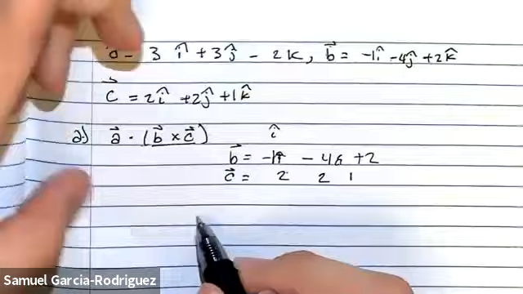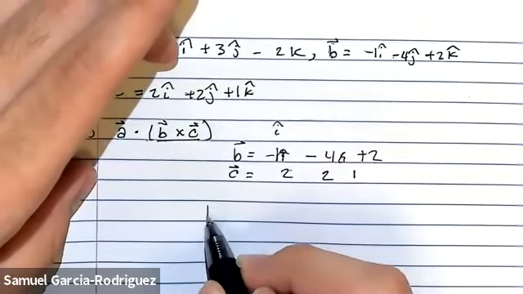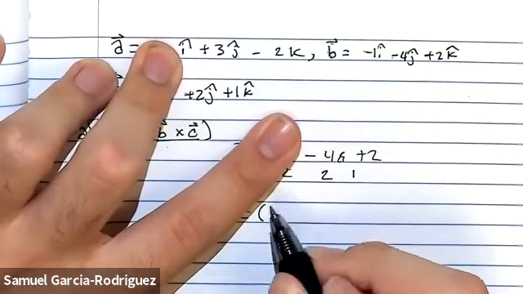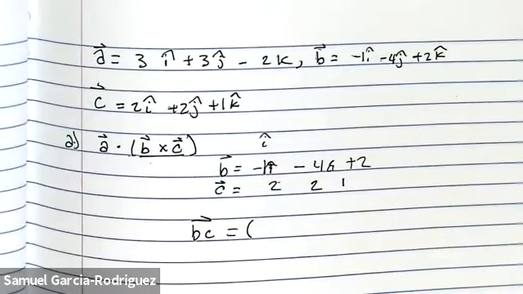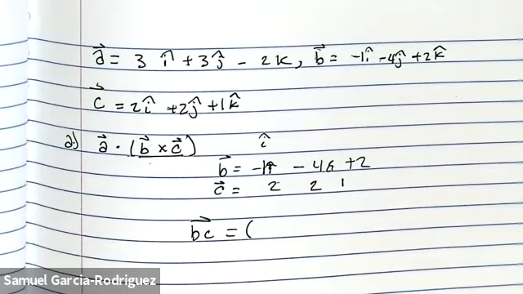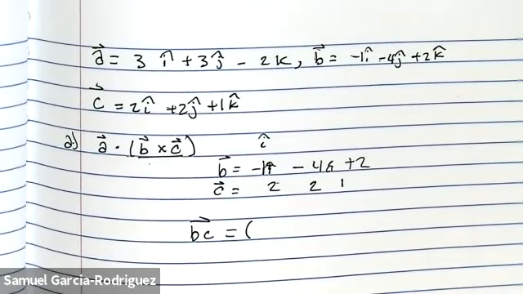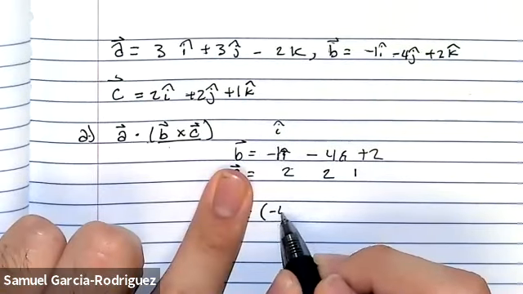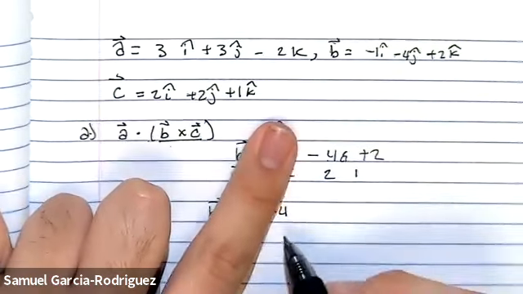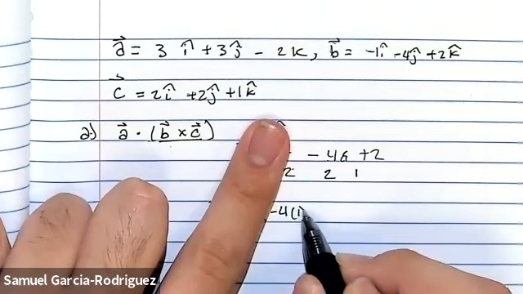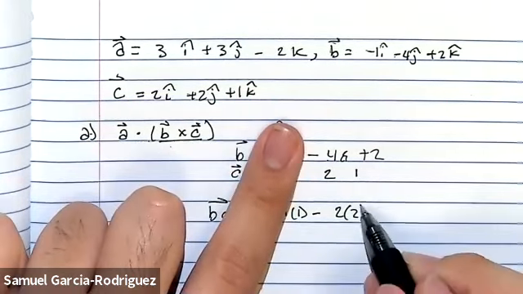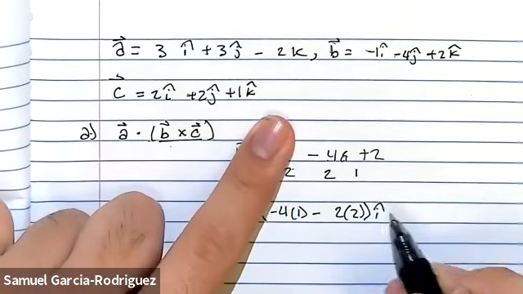I'm just going to call this BC vector. Minus 4 times 1 minus 2 times 2 i hat.